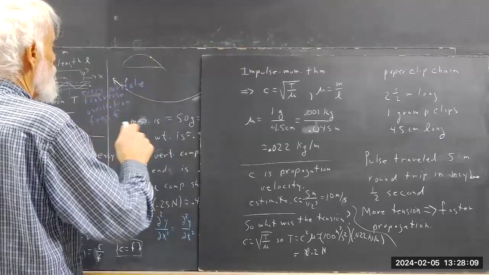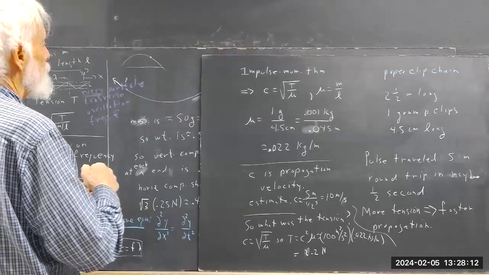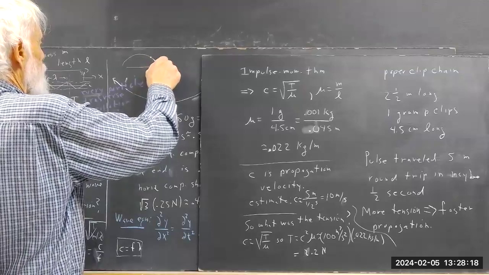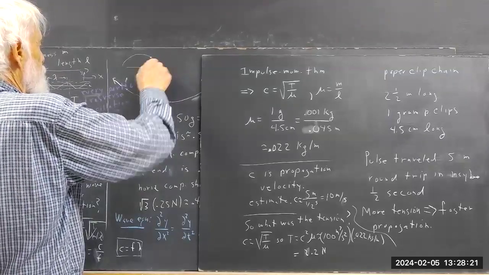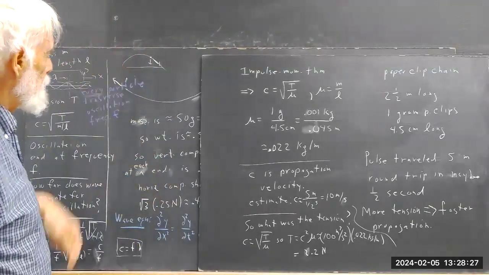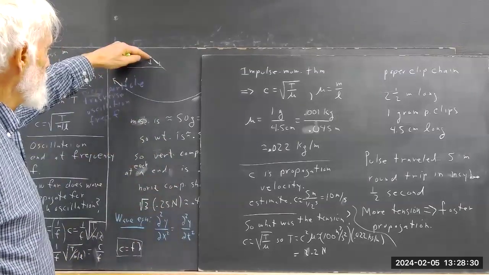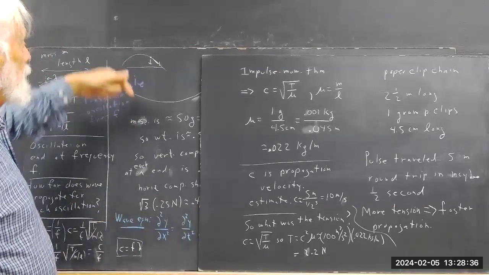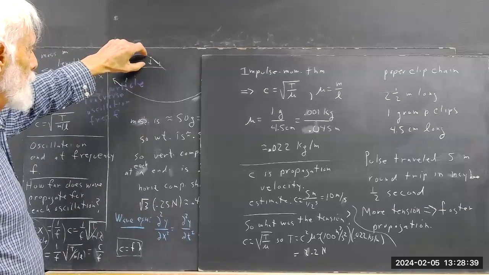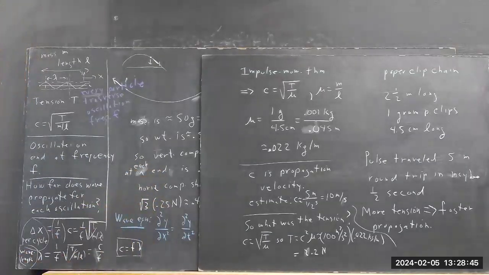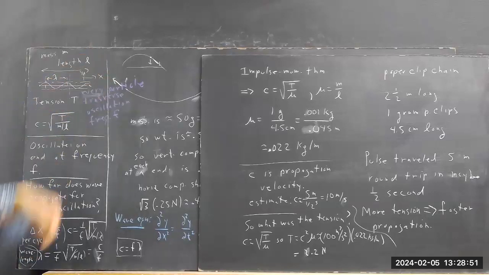At this point, the tension is in this direction. So there's a component of the tension in this direction. So that's a downward acceleration, which is the second derivative of y with respect to t. Okay? In other words, the second derivative of y with respect to t is the acceleration of this thing, and it's proportional to this component of the tension that's proportional to the second derivative of y with respect to x. And I don't want to flesh out the picture any more than that.